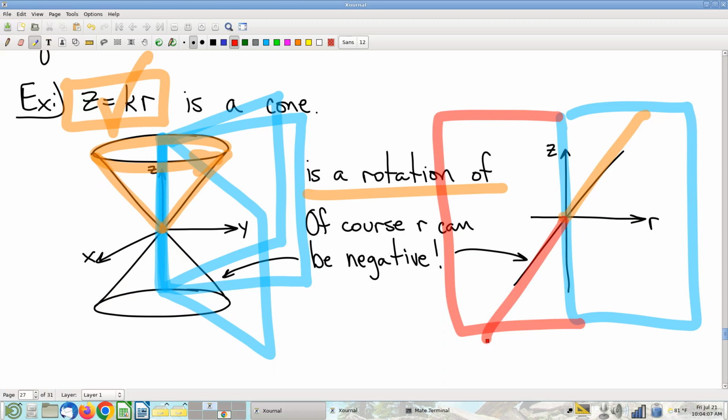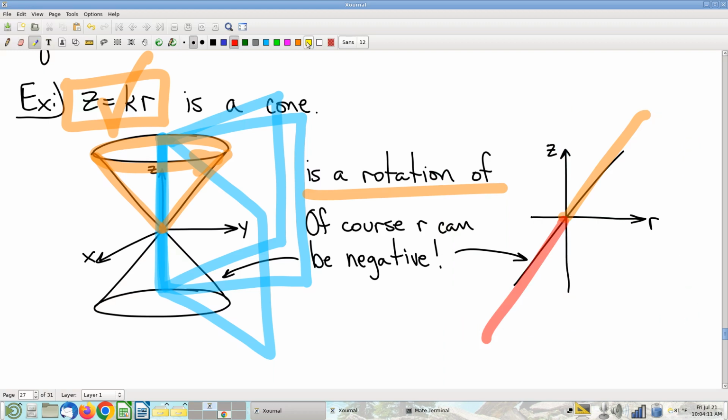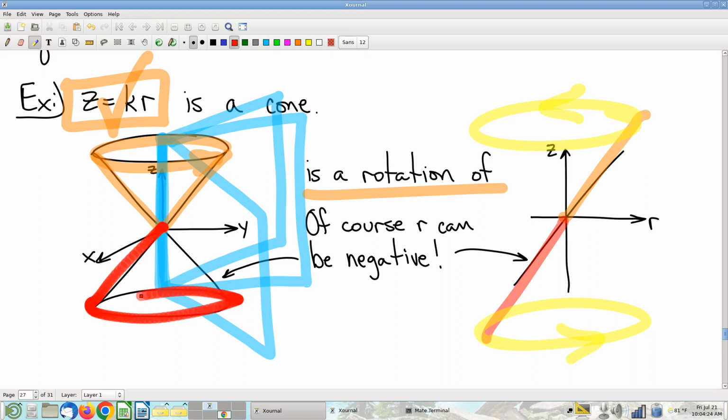And so I don't just get this thing rotating around. That rotates around too. And so I actually get then not just the upper part of the cone, I get the full cone. Like so. Just where r is negative. Everybody all right?